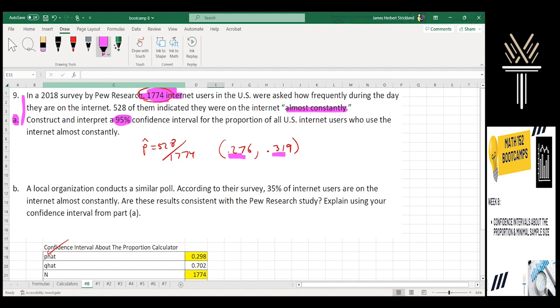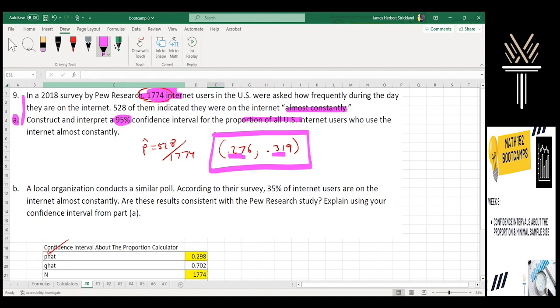So I can at least narrow it down to a very small window. And so I may not know what the proportion for all users is, but it's definitely between 27 and 32%, or 28 and 32, depending on how you round it, right? So that's at least giving me a small net where I can be highly confident where the true population proportion is.